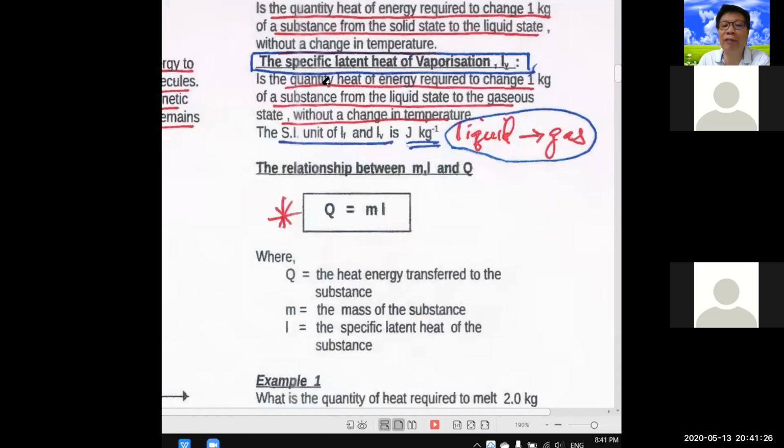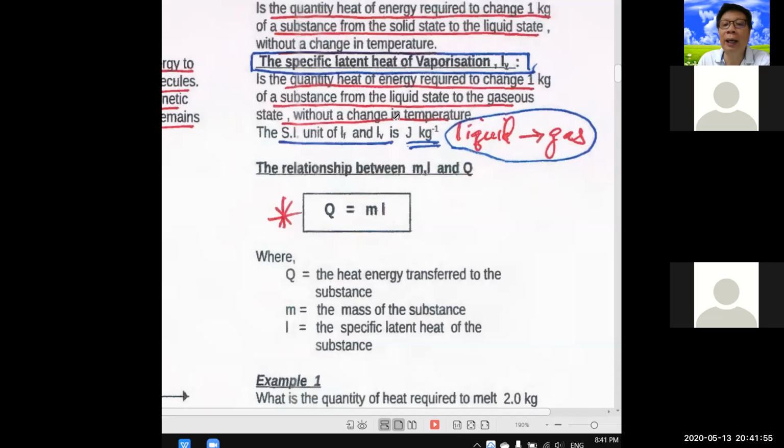Now highlight the definition of latent heat of vaporization. It is the quantity of heat energy required to change 1 kilogram of substance from liquid state to gaseous, change to gas. And then very important, without a change in temperature. Now you realize we don't care whether this is latent heat of fusion or latent heat of vaporization.